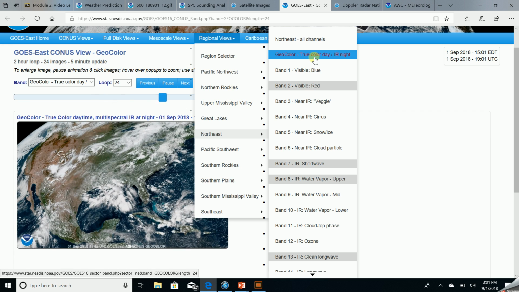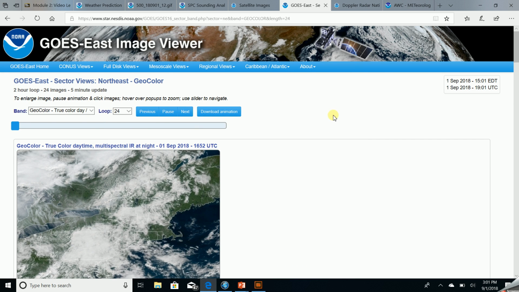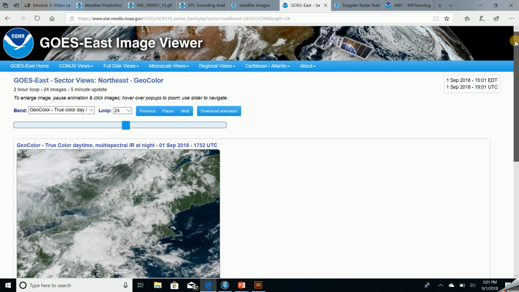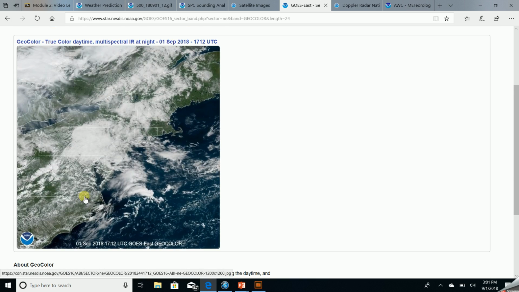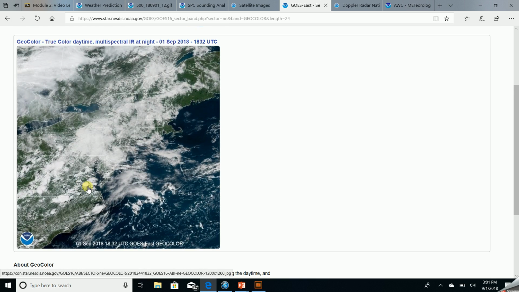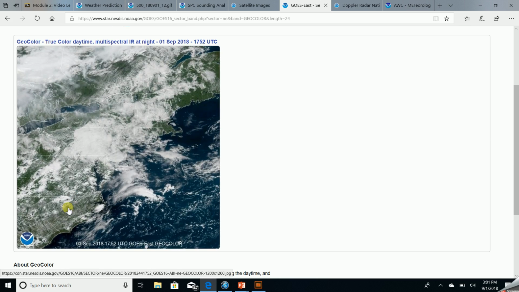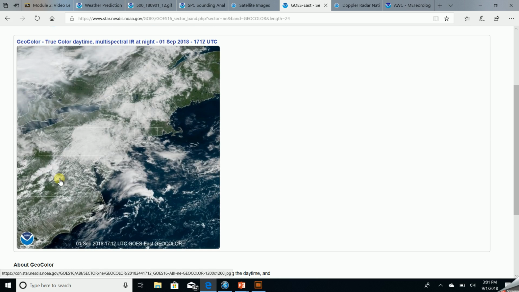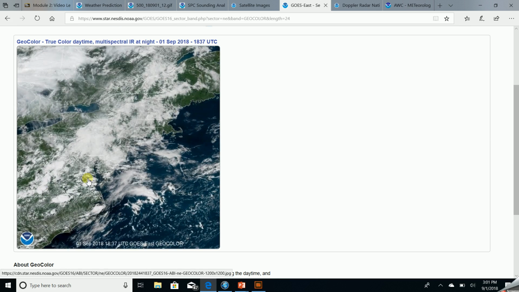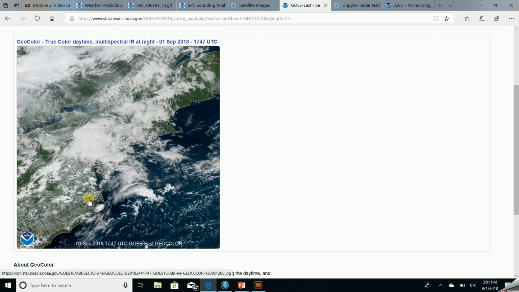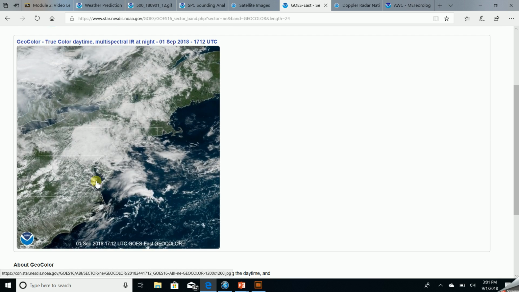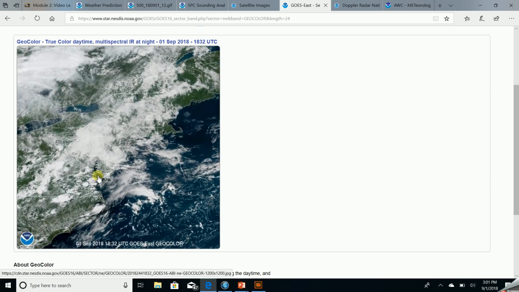And we'll do GeoColor here. Here we go. There's a lot of showers developing near me. And you can actually see the tops growing with time right here. Notice early on there was a big field, a little white area all around this area, of cumulus developing.